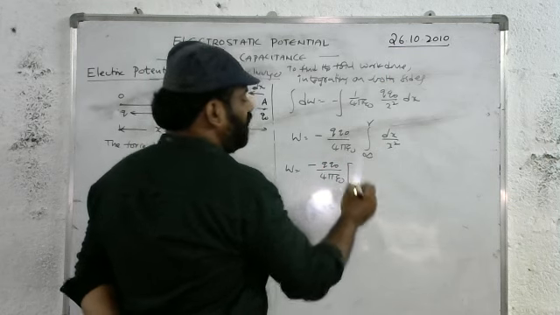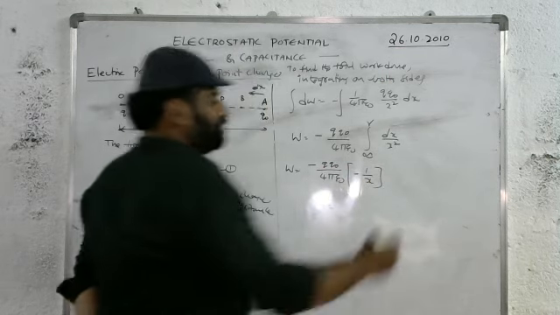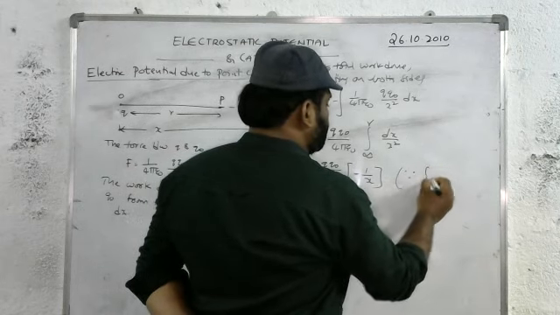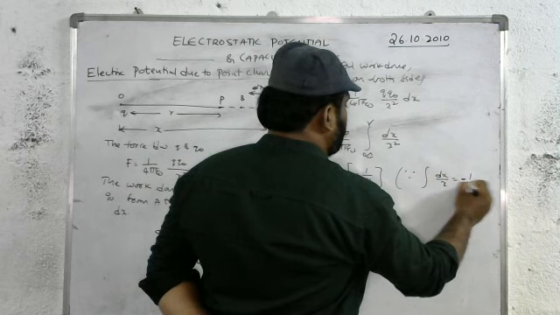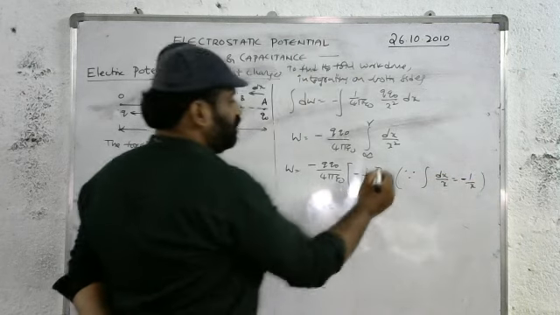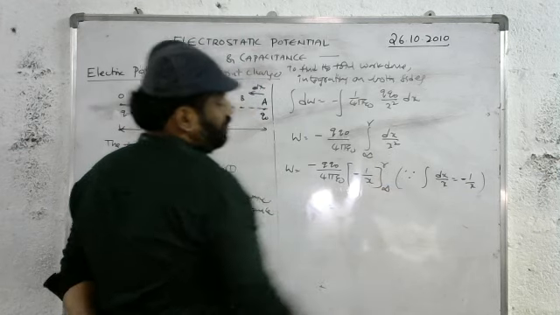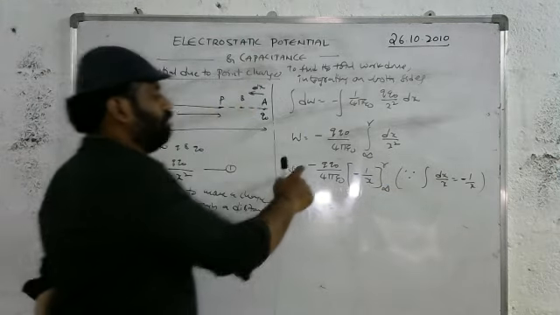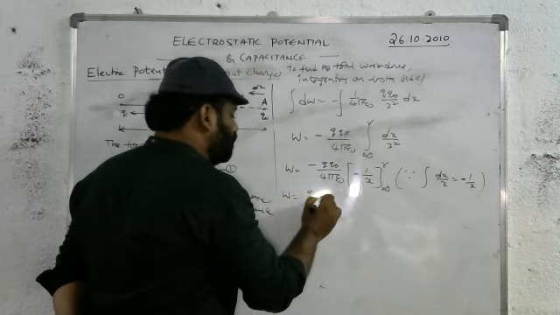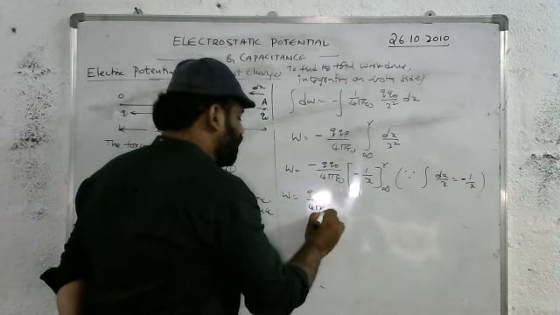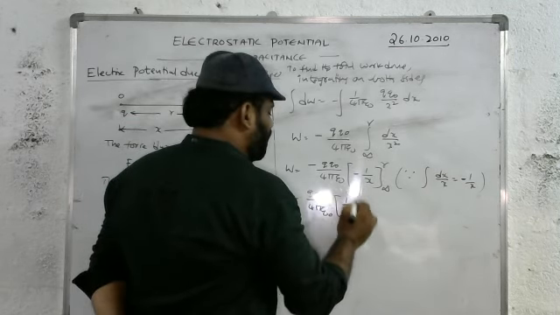What is the value of the integral of dx by x square? It is minus 1 by x, with limits R to infinity. The minus signs cancel and we have W is equal to Q Q naught by 4 pi epsilon naught into 1 by x.